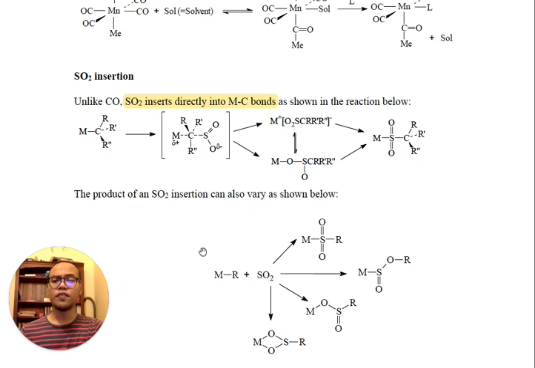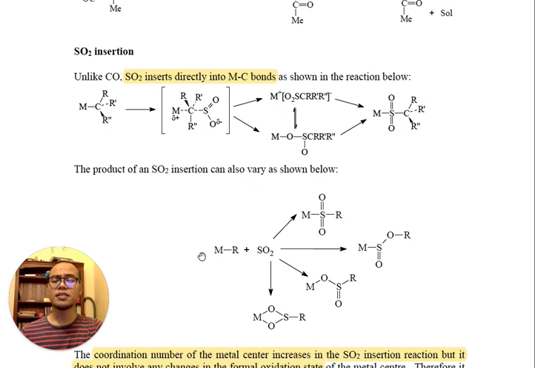Now the products after SO2 insertion can vary. It can be in this form where sulfur dioxide is directly inserted, sandwiched between the metal and your alkyl group, whatever it is.